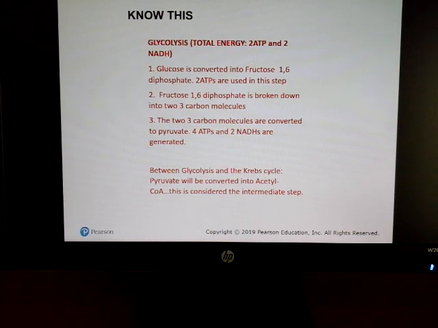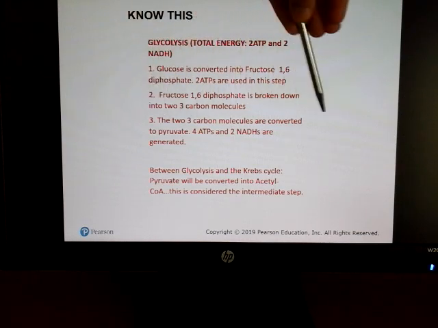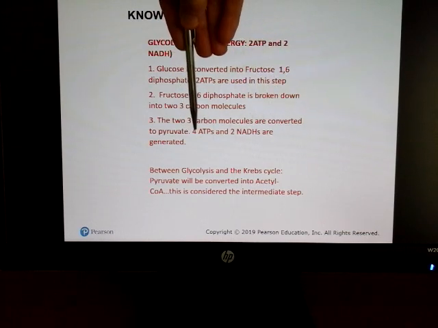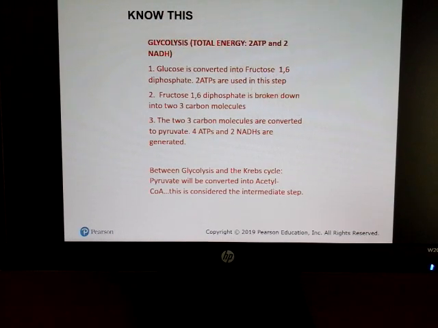In the second step, fructose 1,6-diphosphate is broken down into 2 3-carbon molecules. Between 2 and 3, there's several steps involved in there, but please know that the 2 3-carbon molecules are converted to pyruvate. In this step, 4 ATPs and 2 NADHs are generated.